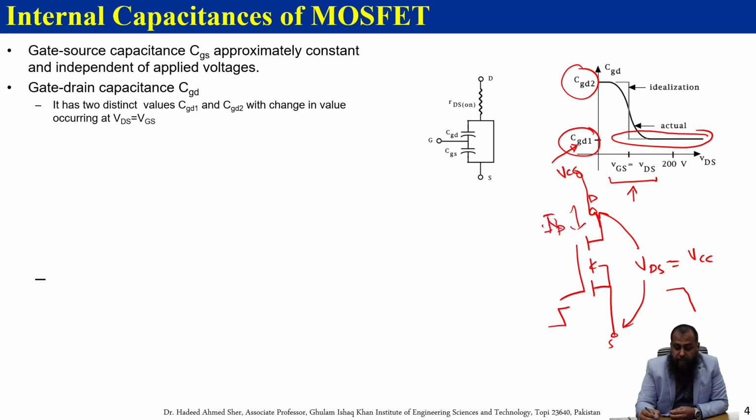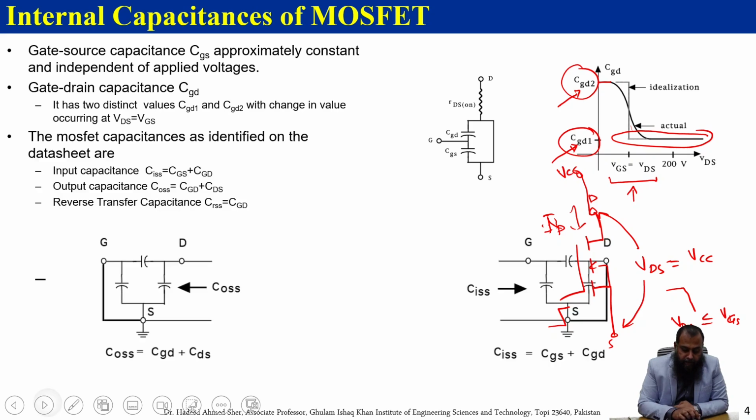So based on these two values, when we have this VDS less than or equal to the VGS, which is the gate to source applied voltage, then the capacitance CGD will reach this value, which is attributed as CGD2 here. So these two values are now a function of the applied gate voltage here.